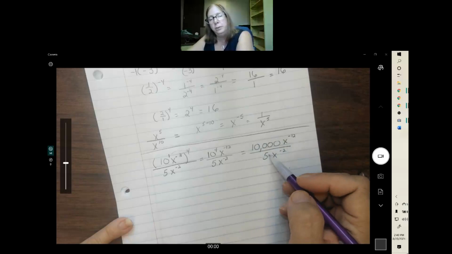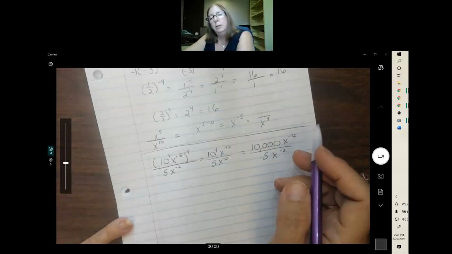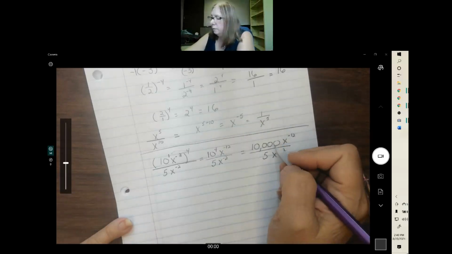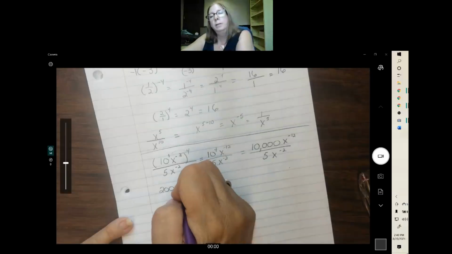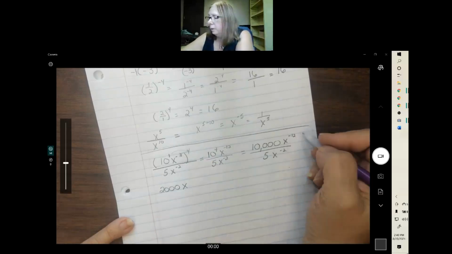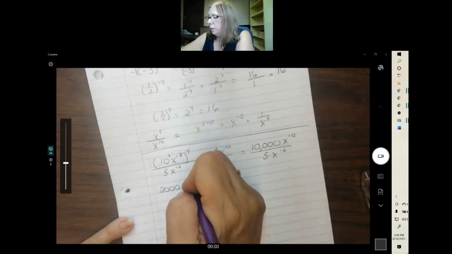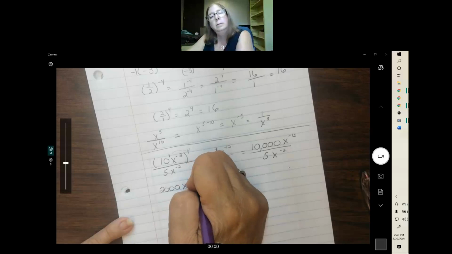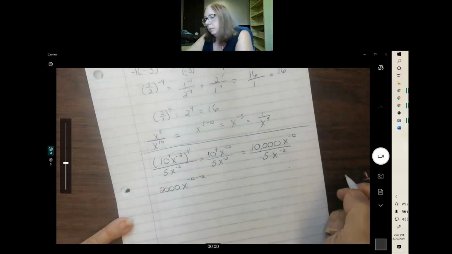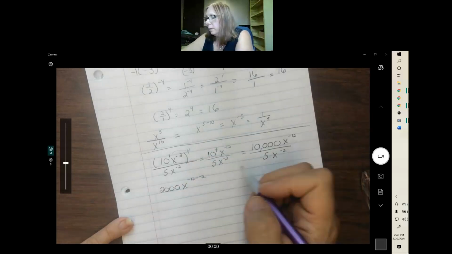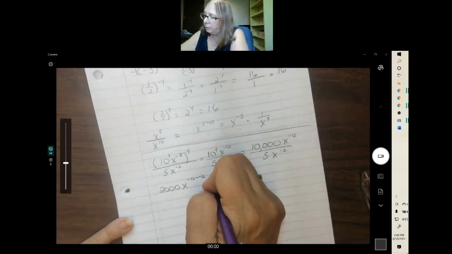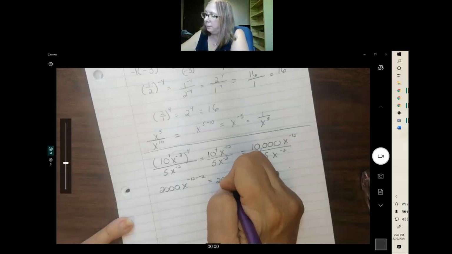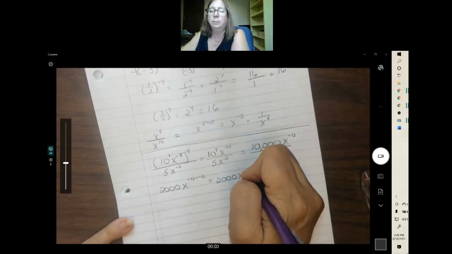If there was an addition or subtraction, then you couldn't do that. It's all multiplication, so 10,000 divided by 5 is 2,000. X, and top minus bottom. -12 minus a -2. A negative and a negative is a positive. So it's 2,000 x to the -10.